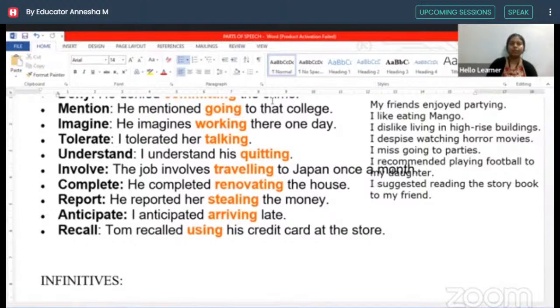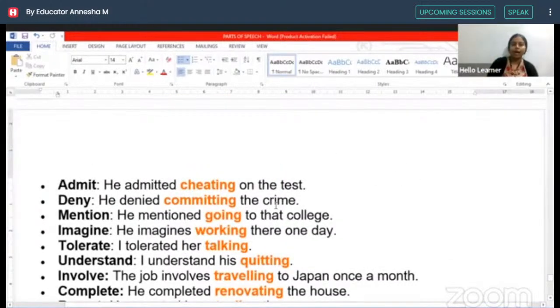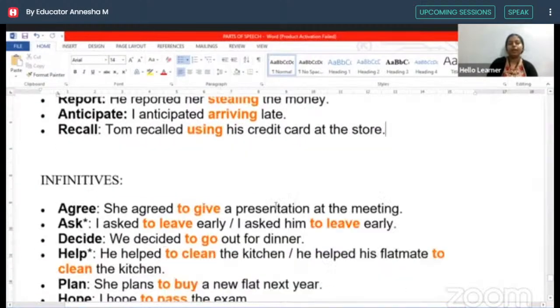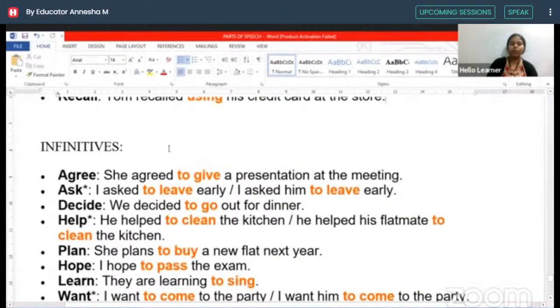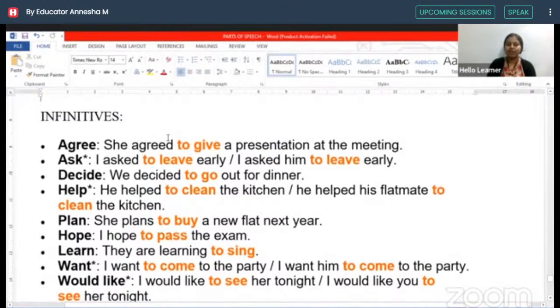That is infinitives. Just like we looked at these verbs that only take gerunds after them and not infinitives, similarly, we have some verbs that only take infinitives after them and not gerunds. Kya verbs hai? Agree, ask, decide, plan, help, hope, learn, want, would like.